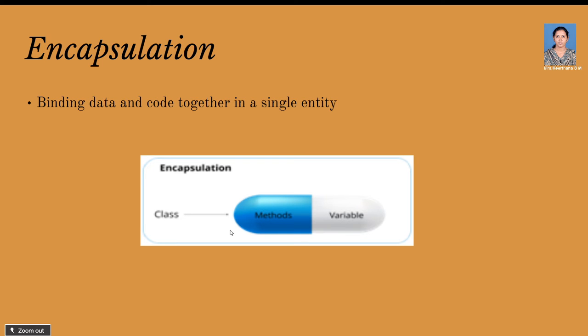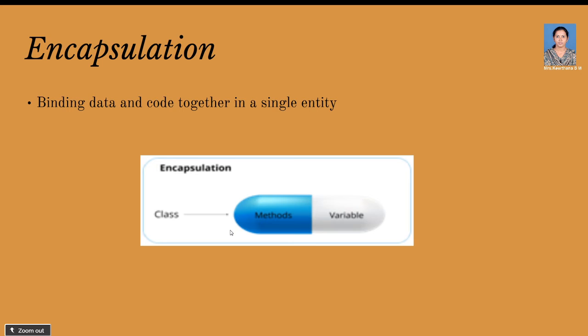And the next one is encapsulation. Here we are going to bind the data and the code together into a single entity, and that single entity is called a class. Inside a class we have methods and variables. The variables are what we call data. For example, in the previous case we considered a dog.